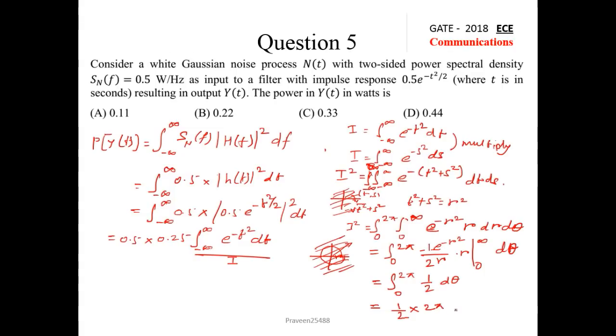So here we will get pi. So pi is equal to I square, so I is equal to the square root of pi. Now we'll put the value of I here: 0.5 into 0.25 into the square root of pi. On solving this, we'll get approximately 0.22. So our correct option is B, 0.22.